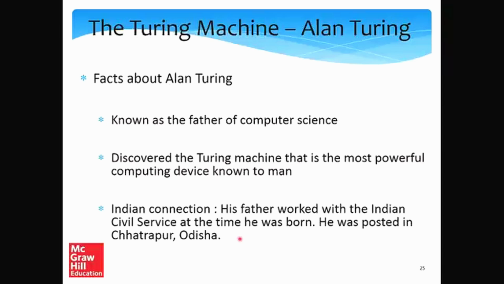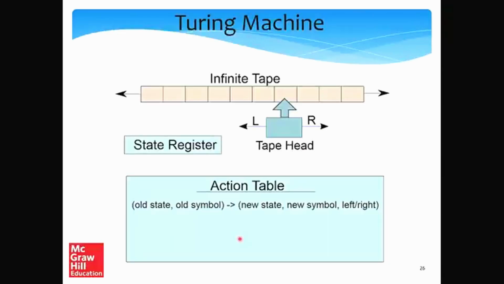So what is the Turing machine? It's a theoretical device. It's not a practical device. But at least theoretically, it can compute the results of almost all the programs that we are interested in writing. What is it? It's a very simple device. So let us consider an infinite tape. A tape, as shown in the diagram, consists of basic cells, and each cell contains a symbol.